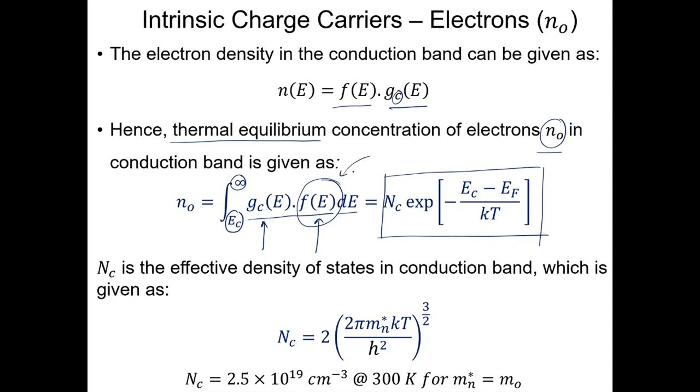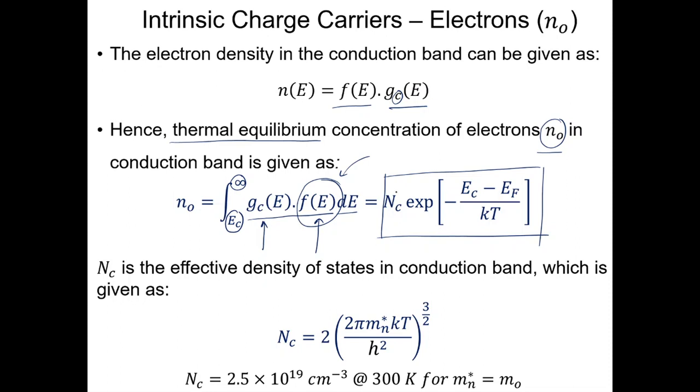Of course, if you have more sophisticated tools like numerical tools, then you can use the complete Fermi-Dirac function. But if you have to do maths with pen and paper for easy and quick assessment of device physics and so on, it's better to simplify the Fermi-Dirac function into the Maxwell-Boltzmann distribution function, and then do the integral. And if you do the integral with that assumption, this is what you get.